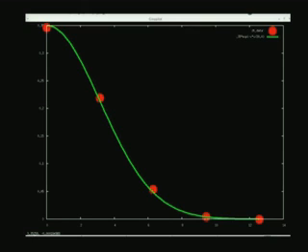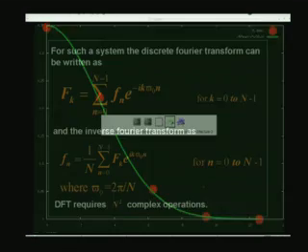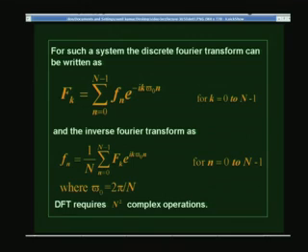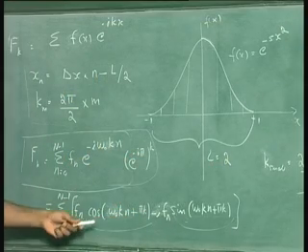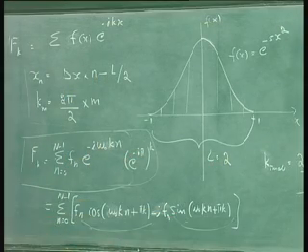So that's a discrete Fourier transform implementation, very simple to implement. But as I said in the last class, this requires n squared complex operations, so it's not computationally very efficient. Instead of n squared complex operations, we have done 2 times n squared real operations by splitting this Fourier transform into a cosine and a sine transform.